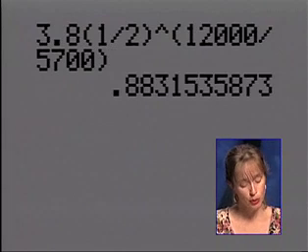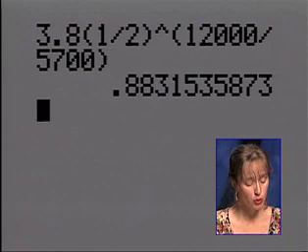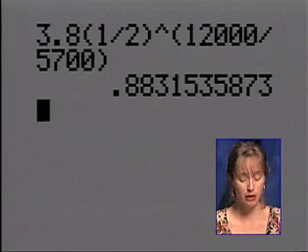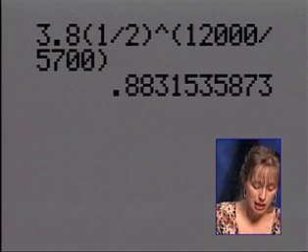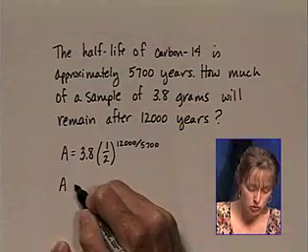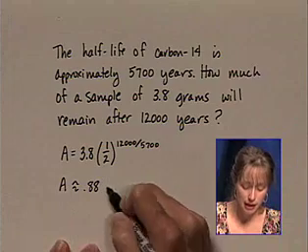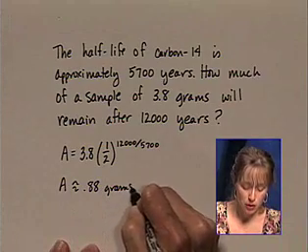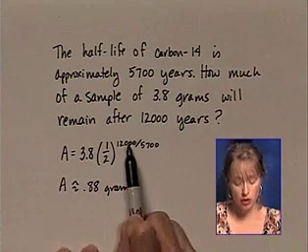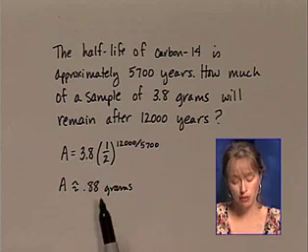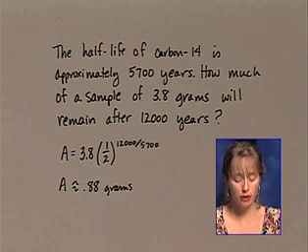I get a number, 0.883, etc. I can say that A is approximately 0.88 grams. So after 12,000 years, if I start with 3.8 grams, I'll have about 0.88 grams.